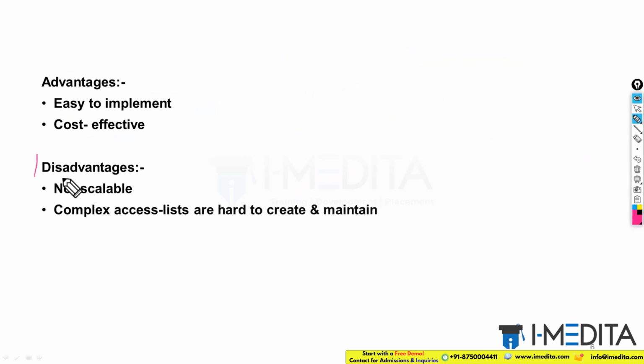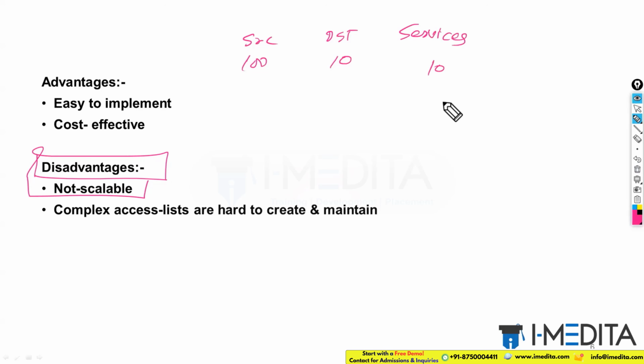Along with the advantages, it also has disadvantages, like not scalable. What is the meaning of not scalable? If we have 100 sources, 10 destinations, and 10 services, how many ACL entries do we need to create?